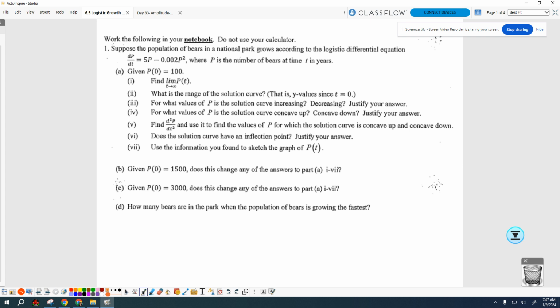Given that the initial population of bears is 100 at time 0, what's the limit as t goes to infinity of the population?